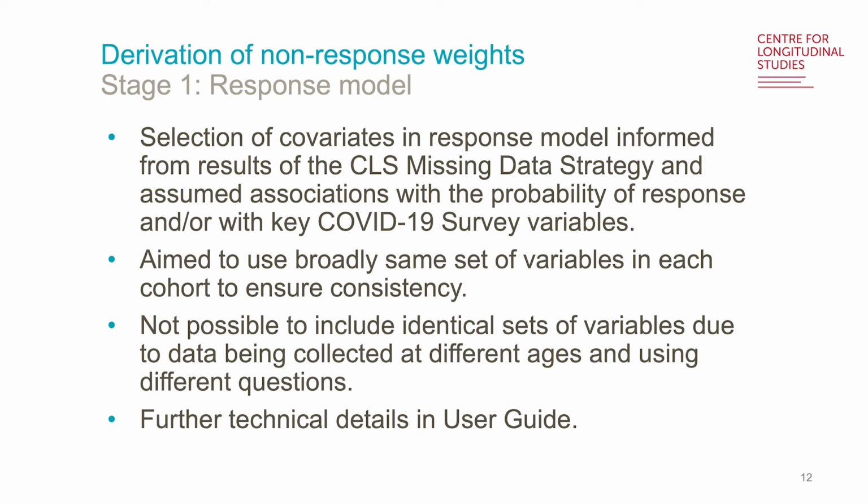So it's not possible to include identical sets of variables in each model due to data being collected at different ages using different questions. And sometimes the variables that we would want to include just haven't been collected at all within a cohort. And there's further technical details in all of this in the user guide. So that's the COVID-19 survey user guide, which is available from UKDS alongside the data deposit.